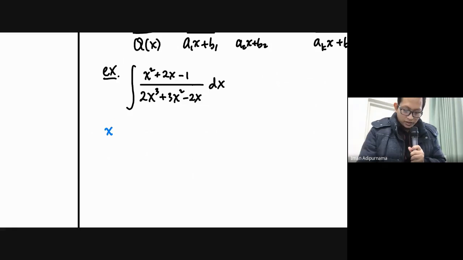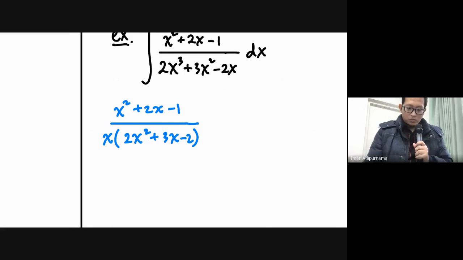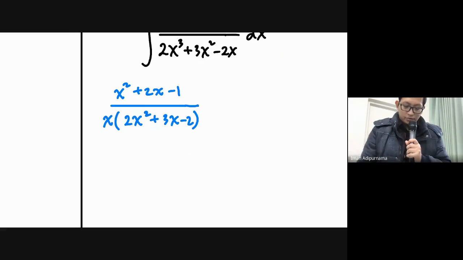So I'm writing the factorized function. The bottom one becomes x times 2x squared plus 3x minus 2. And I think this can be factorized, right? (2x minus 1)(x plus 2).